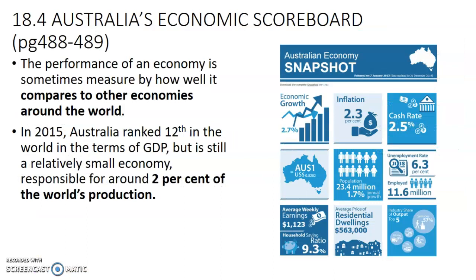Now, this is Australia's economic scoreboard. This is pages 488 to 489 of your book. The performance of an economy is sometimes measured by how well it compares to other economies around the world. So, for example, you compare Australia's economy to, say, Canada or the United Kingdom.